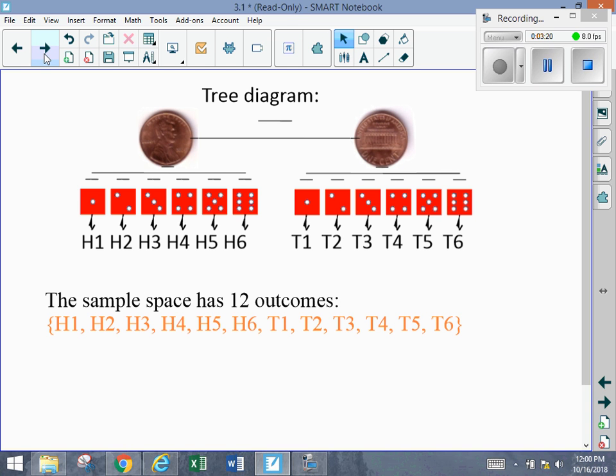So if you flip the coin and it came up heads, then you have all of these possibilities: Heads 1, 2, 3, 4, 5, 6. Tails 1, 2, 3, 4, 5, 6. Which gives you a total of 12 outcomes.